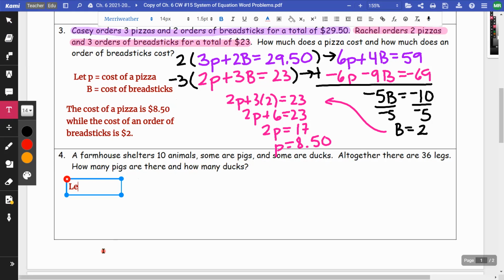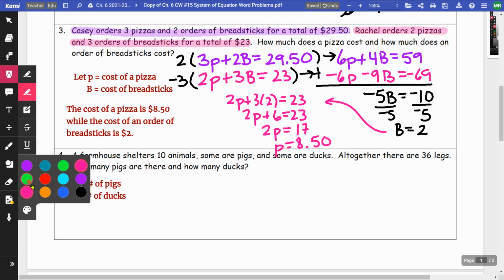So I'm going to let P equal the number of pigs, and I will let D equal the number of ducks. And then we're going to write our 2 equations.